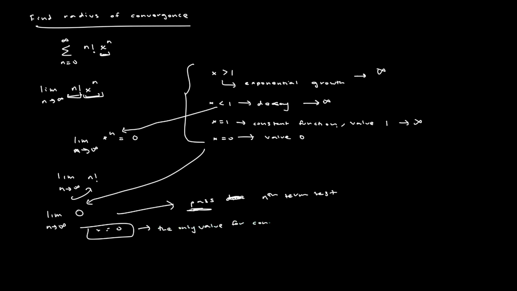So notice how we used both the nth term test and the convergence theorem for power series to come at a radius and a suitable range of values for which we converge. And in this case, it's only x equals 0, because that's our only case left over for the convergence theorem of power series. So that was an example.